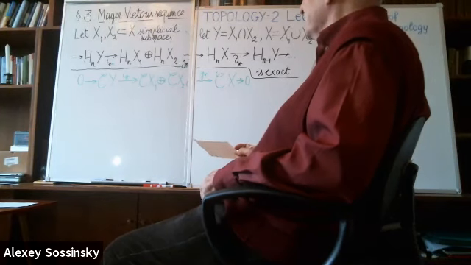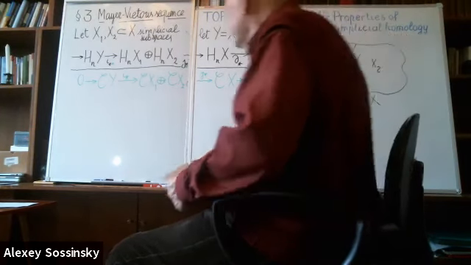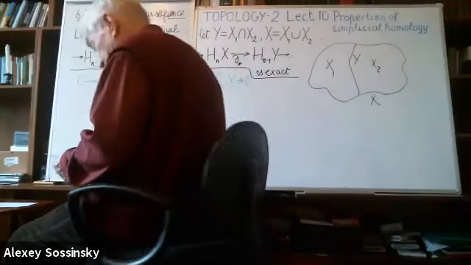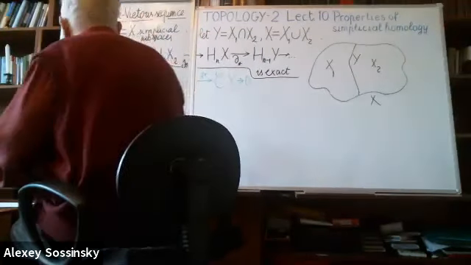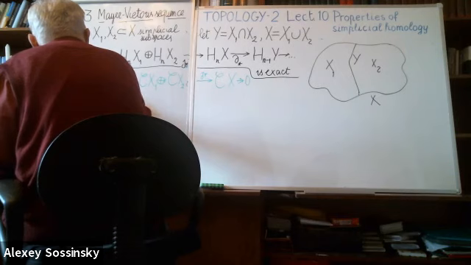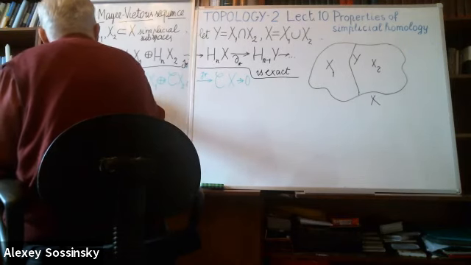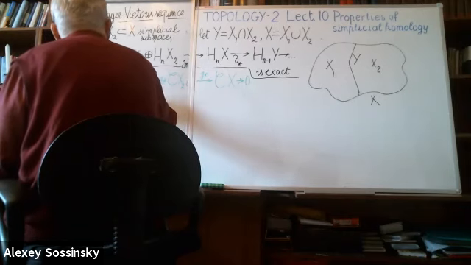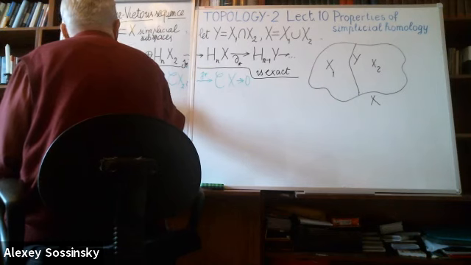Okay, so how do we do that? Well, we need some notation. Let us denote by I1 the embedding of X1 in X, and by I2 the embedding of X2 in X.